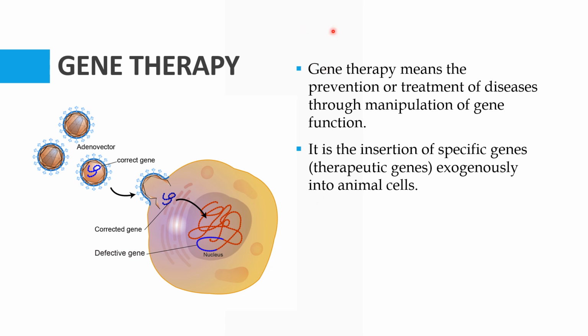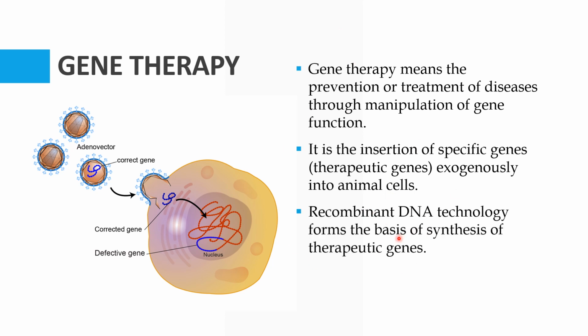The concept of gene therapy has its origin from the fact that manipulation of gene expression could change the function of abnormal cells as manifestation of an existing gene and thus the course of a disease. Recombinant DNA technology forms the basis of synthesis of therapeutic genes.